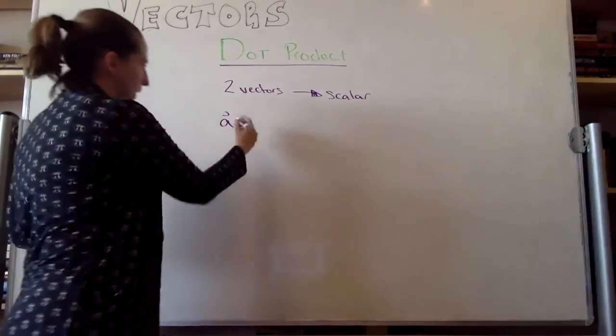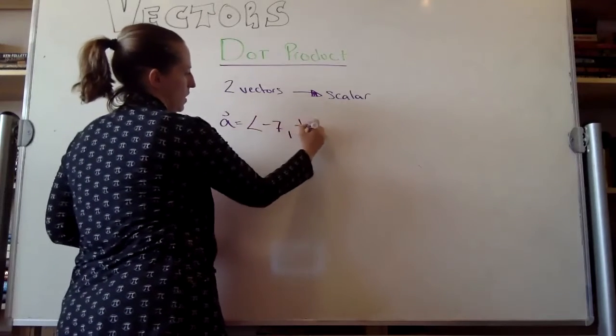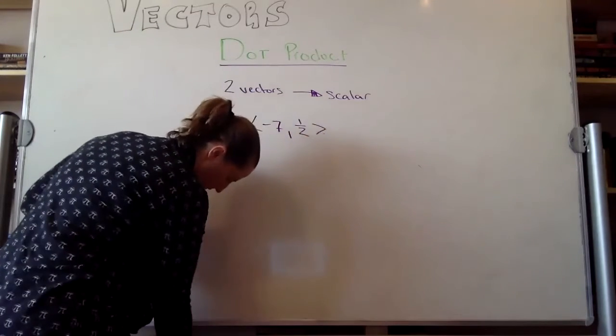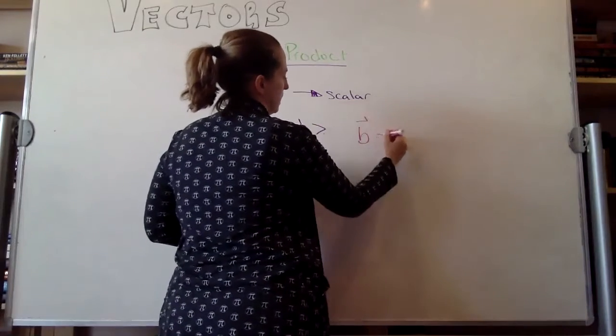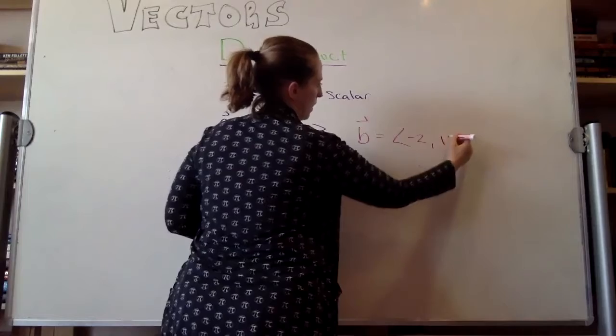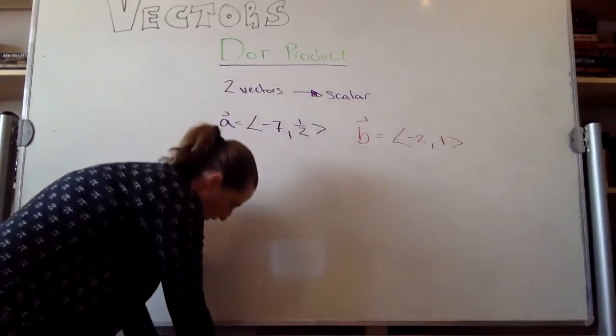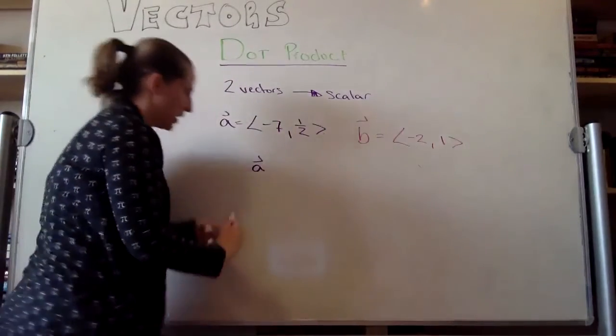Okay? So let's try A equals -7, 1/2, and B equals -2, 1.